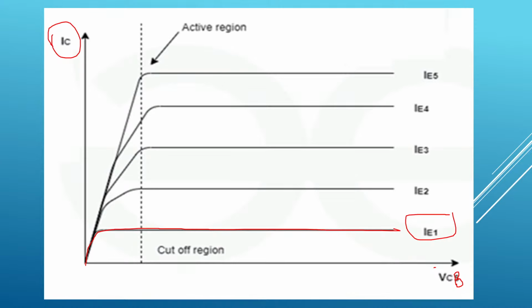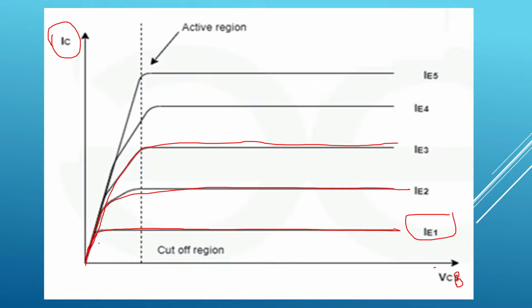And for another value of IE, the characteristics will change. So you assume some value of IE, and based on the IE value, the characteristics of IC with respect to VCB will vary.